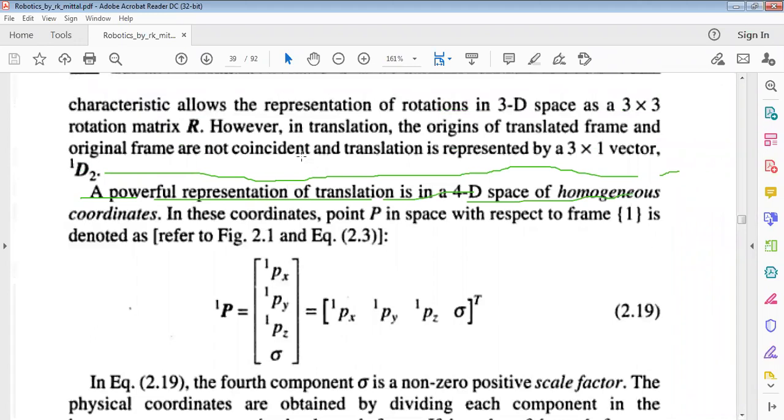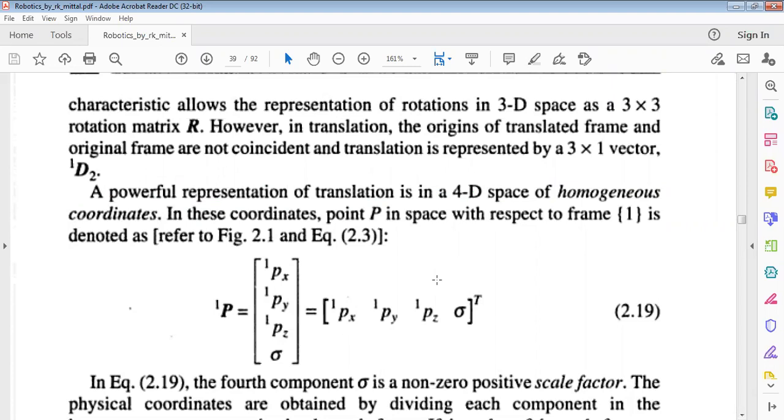So here I am introducing a powerful representation of translation in 4D space of homogeneous coordinates, which is different from Cartesian coordinates.